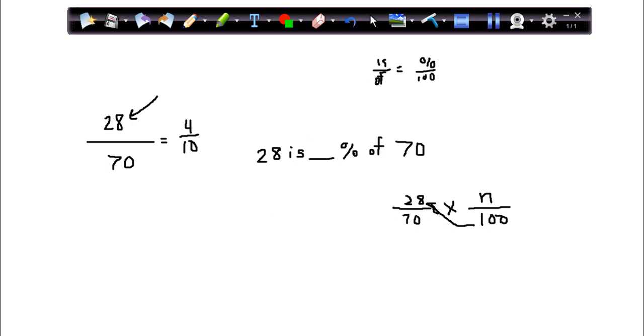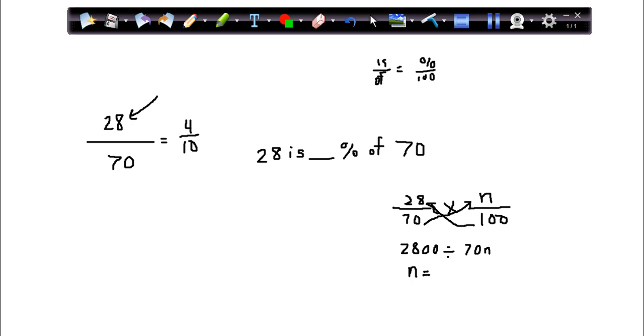So 100 times 28 is, as we had in the calculator, let's write it in, 2,800. And then we're going to put the division symbol. And now we're going to multiply 70 times n, which we know is 70n. And we'll repeat this over and over if we have to. So you've seen this a number of times.